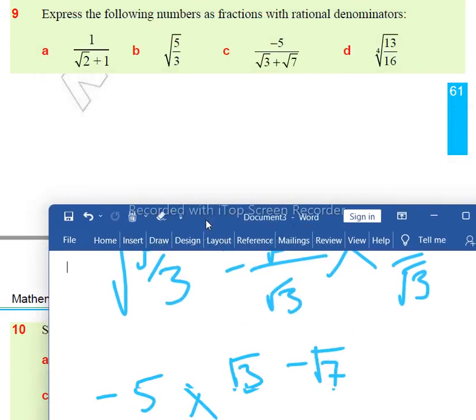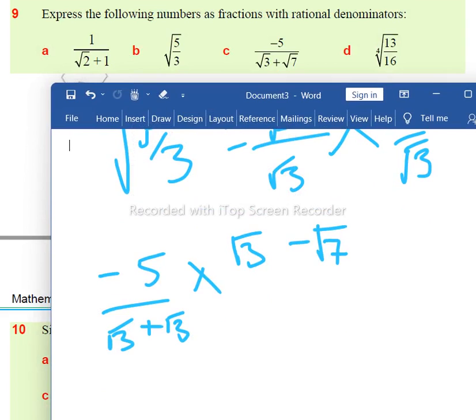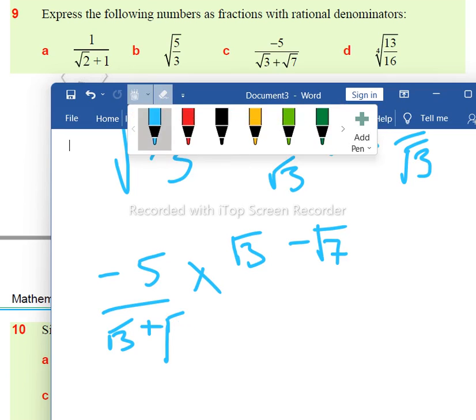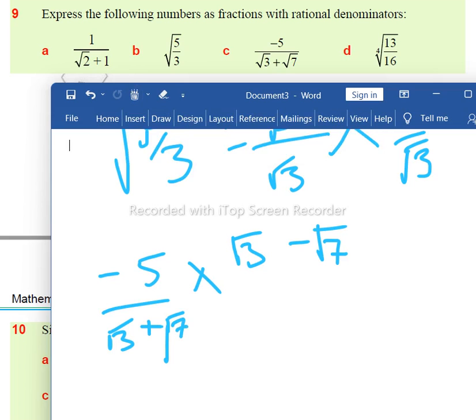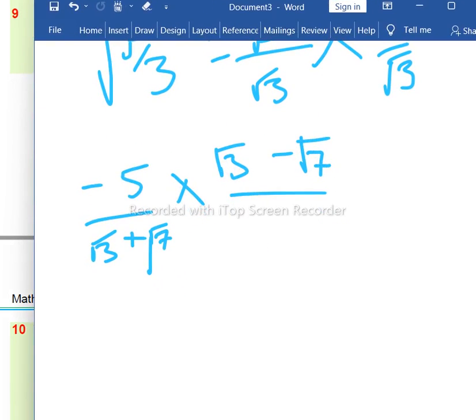Sorry, I think the question is 7. Yeah, here we have 7. So we have to write like this, over square root of 3 minus square root of 7.